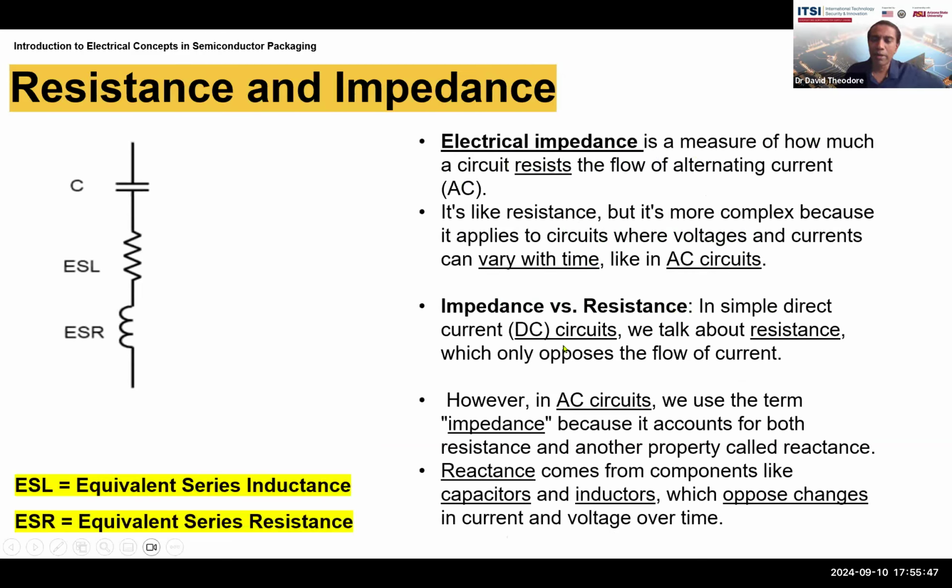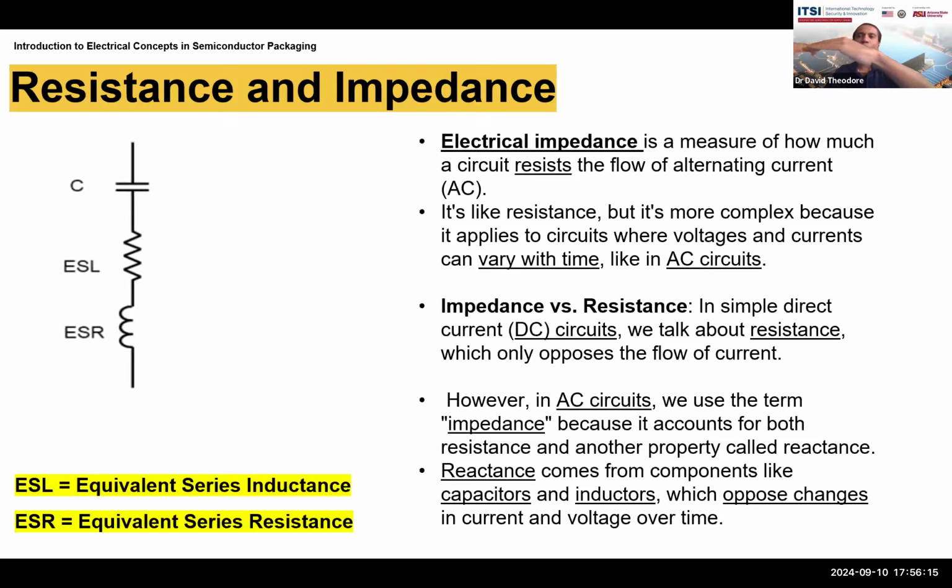In simple direct current circuits where the current is all flowing in one direction, we talk about resistance, which opposes the flow of current. So Professor Alford may have talked about the fact that when you think of a current, the voltage is, not really, but it's like a force. You can think of it like the pressure that's pushing the water forward in your faucet. So you can think of a voltage pushing the electrons or the charges forward.